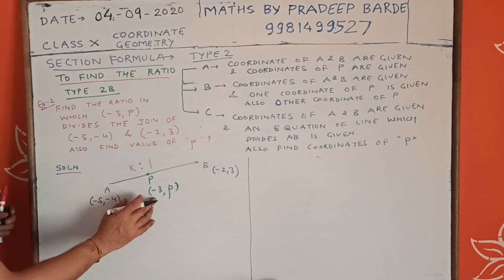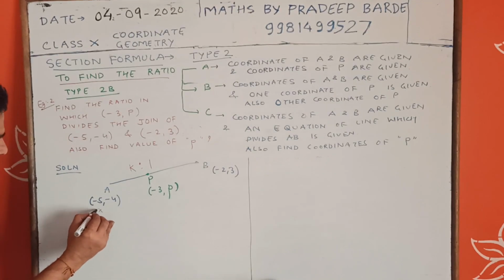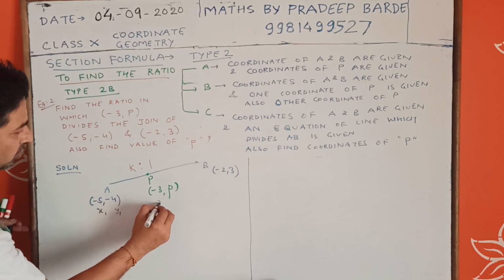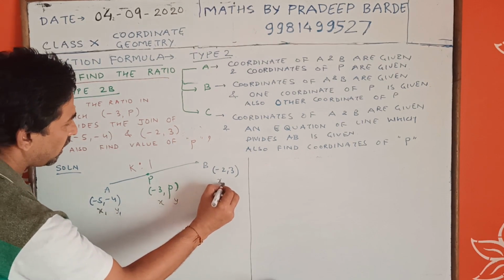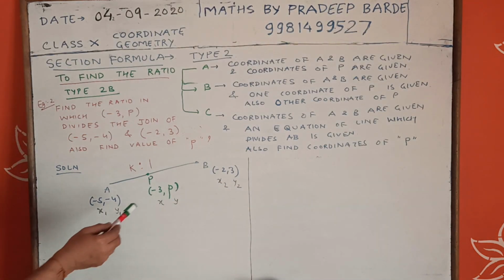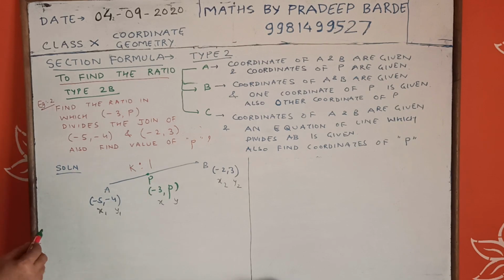जैसे यहाँ पे x की वैल्यू नोन है, this is your x1, this is your y1, ये है आपका x y and this is your x2, y2. आपको यहाँ पर x की वैल्यू मालूम है तो हम पहले x के लिए सेक्शन फॉर्मूला लगाएंगे.